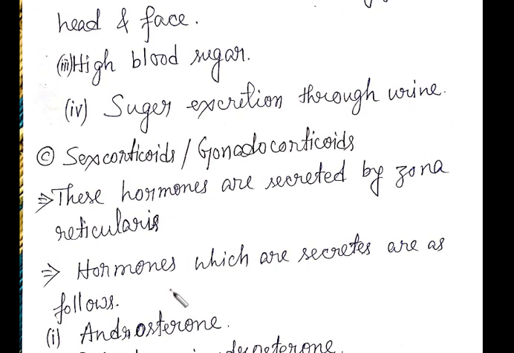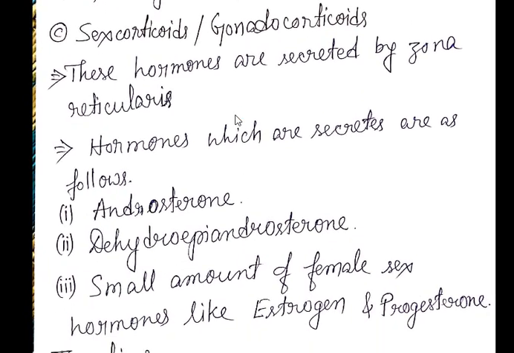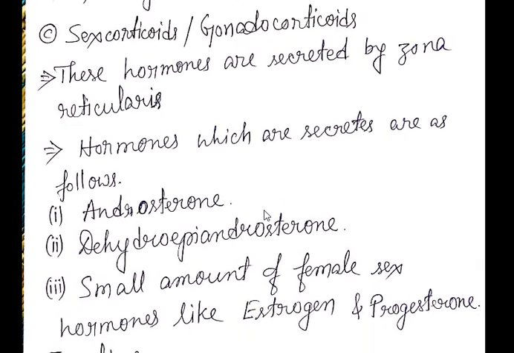Now the next group of hormones we need to discuss, that is the third category, which is secreted by the third zone, your zona reticularis of the adrenal cortex. Those hormones are sexocorticoids, or sex corticoids, also known as gonadocorticoids, right?